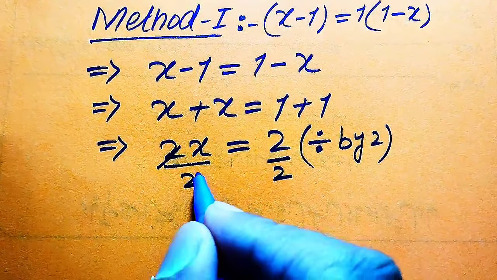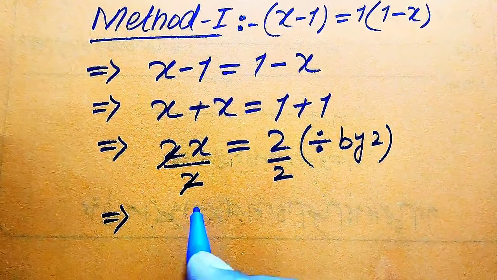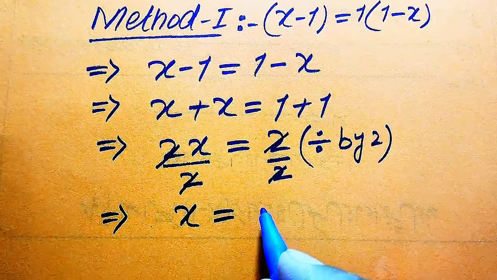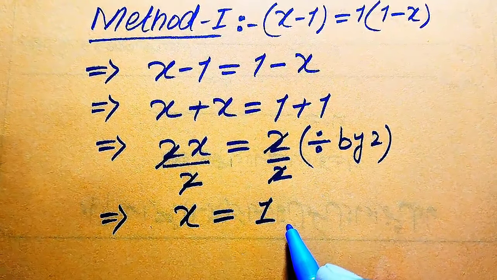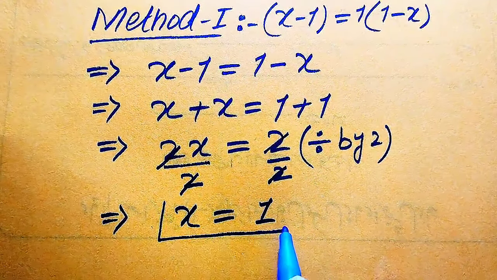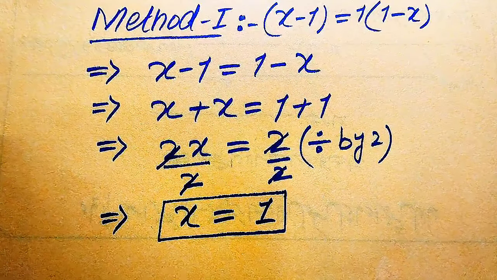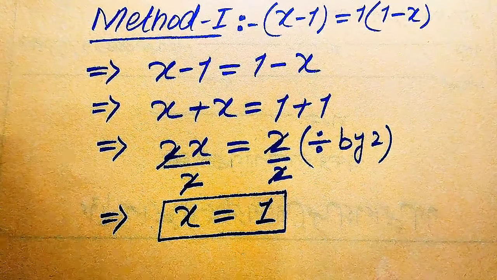And now you see this 2 is cancelled out by this 2, and we get x is equal to, this 2 is cancelled out by this 2, and we get 1 only. So this is the first root of the given equation, or the value of x of this given equation, which we get here from the first method.